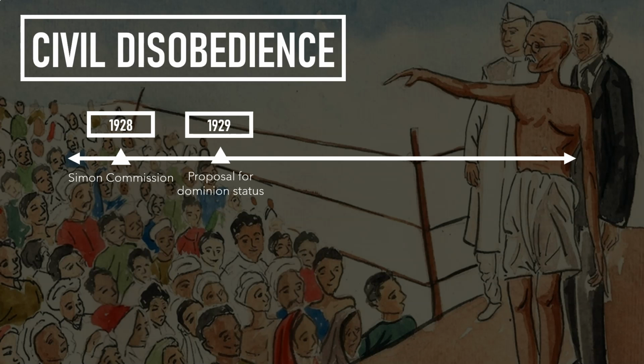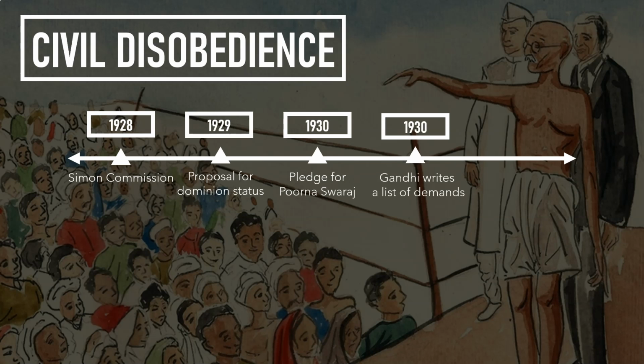And obviously the radicals and revolutionaries strike down this idea immediately, and in 1930 they took a pledge for Purna Swaraj, or complete independence.